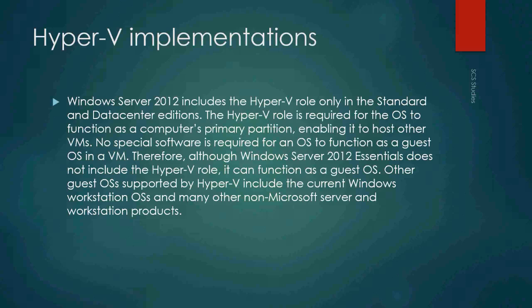So before implementing, you should understand which versions support the Hyper-V role. The gist of this slide is, whenever you are planning for deployment of the Hyper-V role in any environment, if you are on Windows Server 2012 or 2012 R2, the only supported operating systems are the Standard and Datacenter editions.